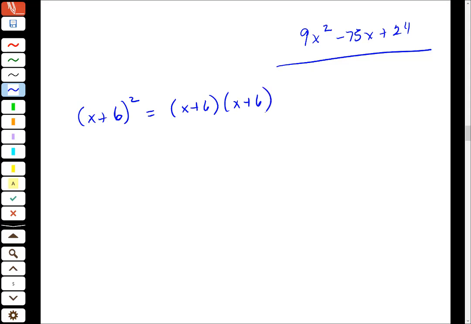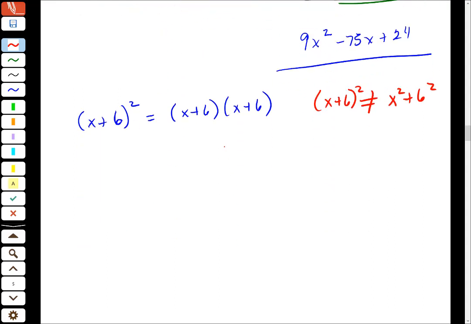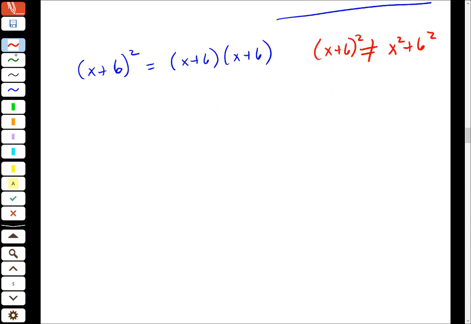I just want to say this out loud, x plus 6 squared is absolutely not x squared plus 6 squared. That's not how squaring this thing works, because you're going to get this thing and this thing, but you're going to miss this middle term, right? So you can either use FOIL or the box method.